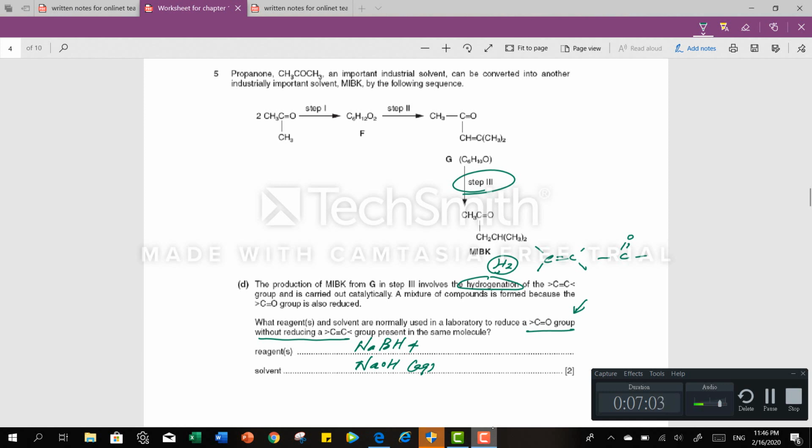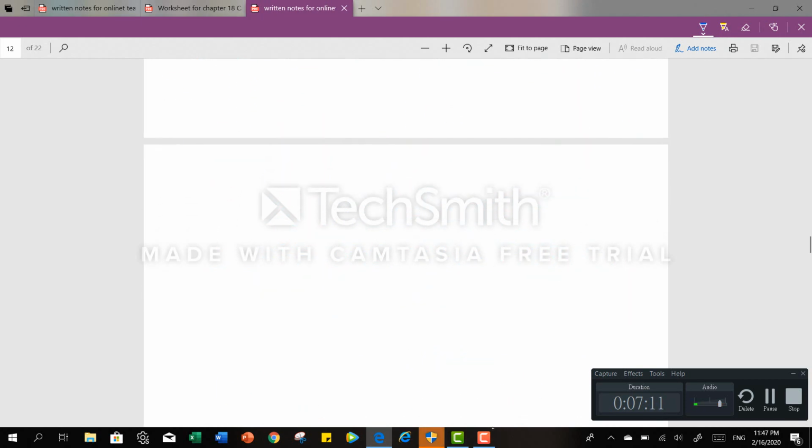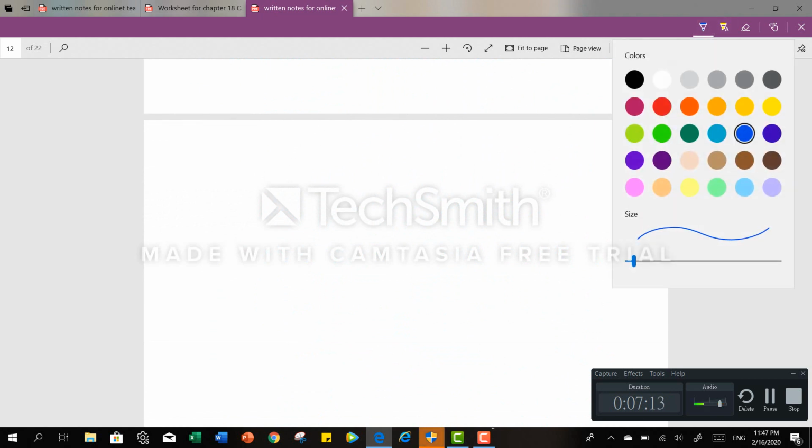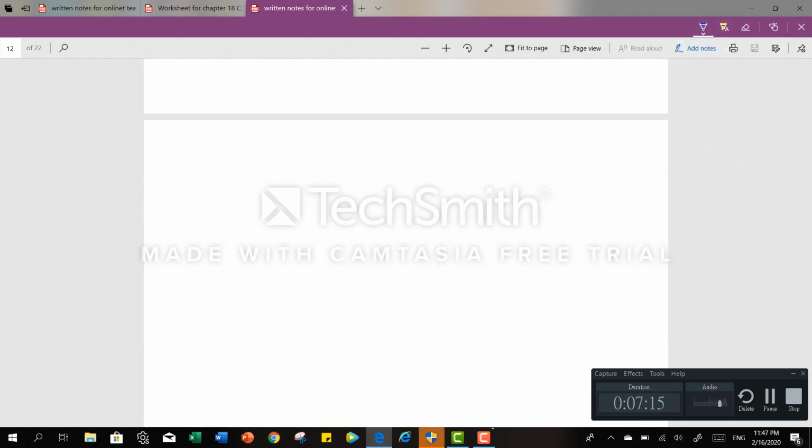Okay, I still have a few more minutes to go. Let me give you a summary or an introduction on what we're going to learn. In the coming part, we're going to learn 3 reagents to test for the carbonyl compound. The first one, very important, is called 2,4-dinitrophenylhydrazine.